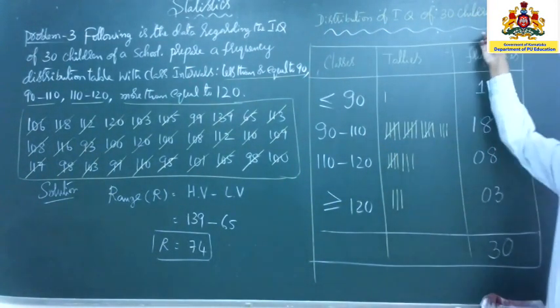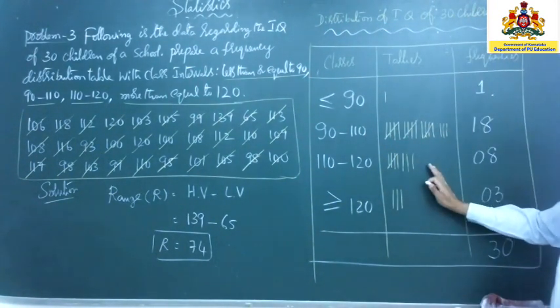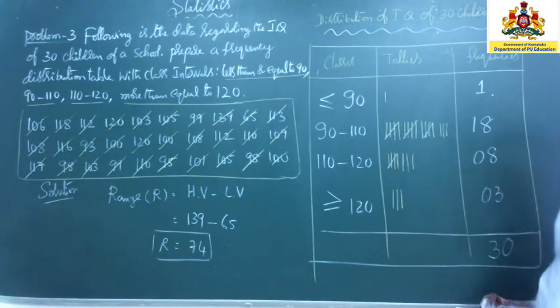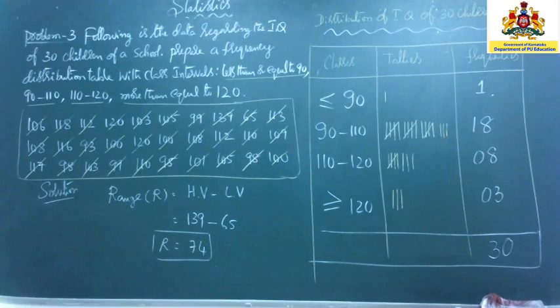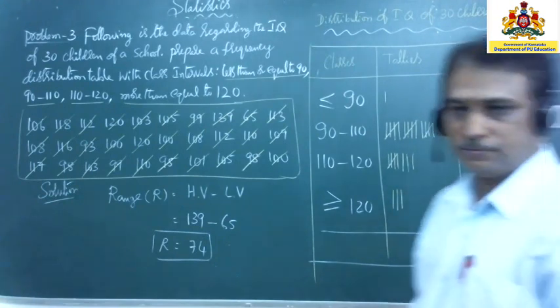The heading contains 1 mark. The tallies contain 2 marks. The respective frequencies contain 2 marks. Total is 5 marks.